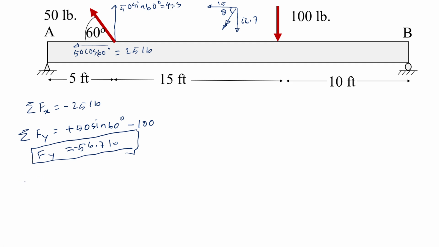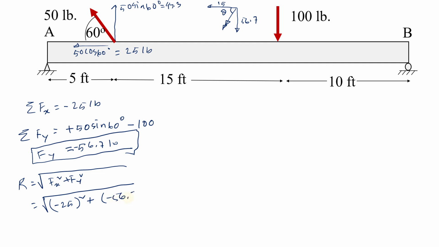To calculate the total resultant force, we can apply the Pythagorean theorem: Fx squared plus Fy squared. That will give us the total resultant force: minus 25 squared plus minus 56.7 squared. The minus plus will not affect here. However, I would like to be consistent so that it doesn't create additional load in my brain, which I want to save for the next step of the problem. So this is the resultant.